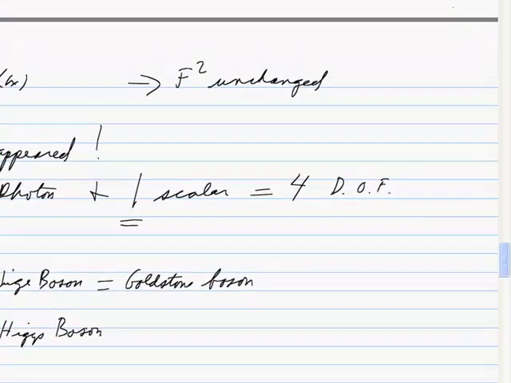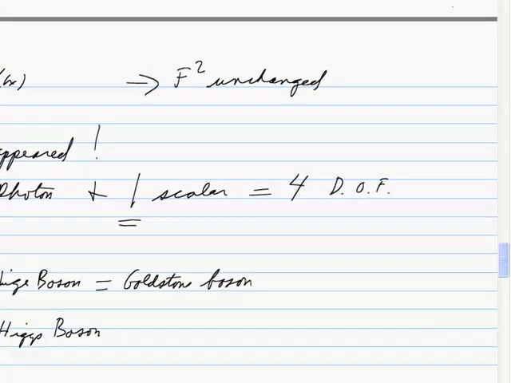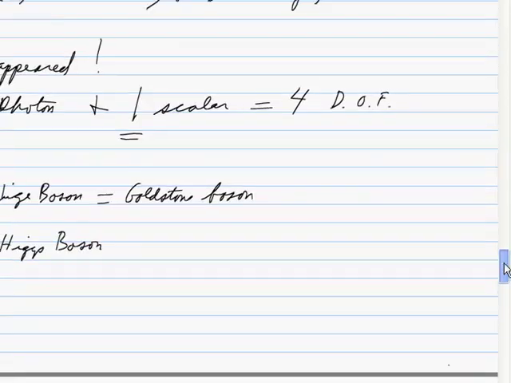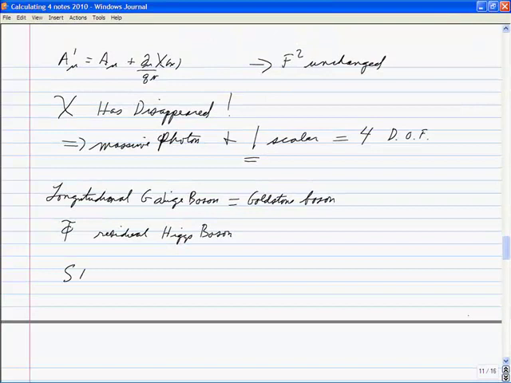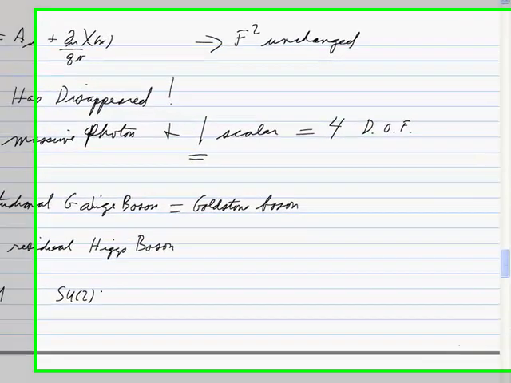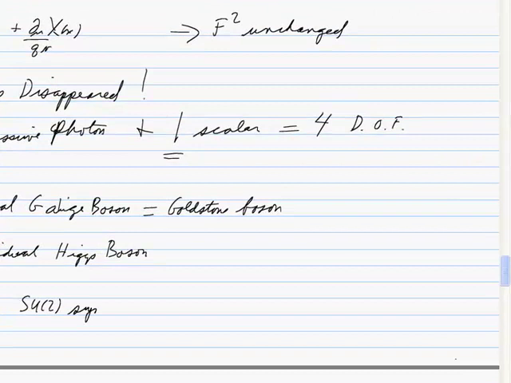Okay. So in the standard model, this mechanism is used. It's used other times too, but in the standard model, there's a bigger symmetry. There's an SU(2) symmetry, which is broken, spontaneously broken.